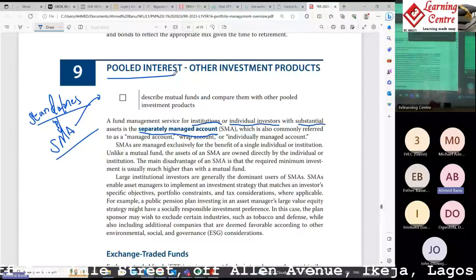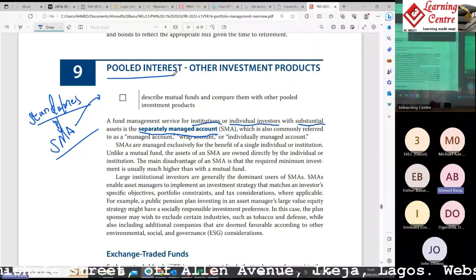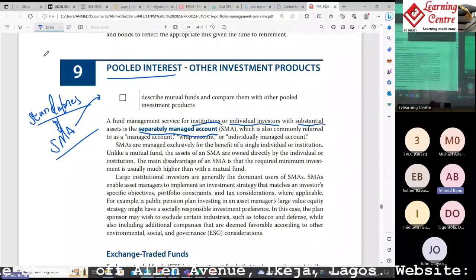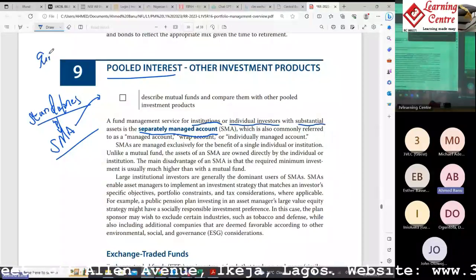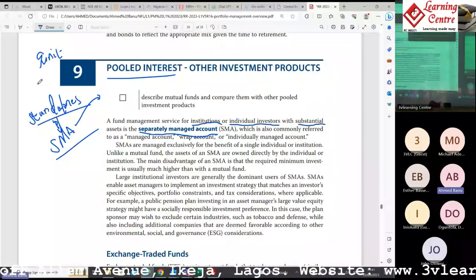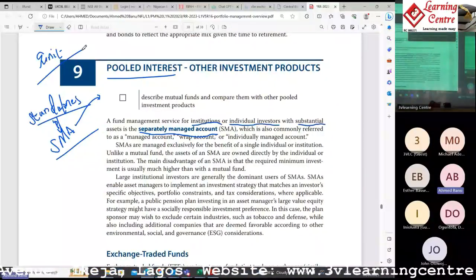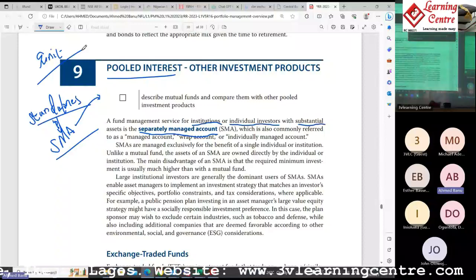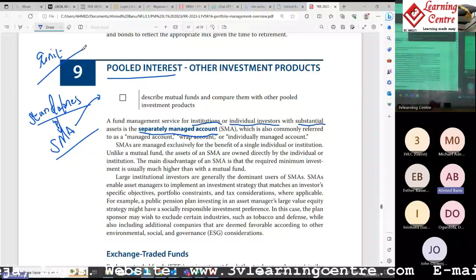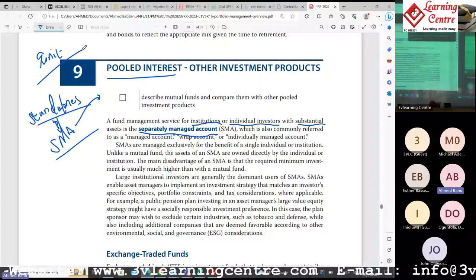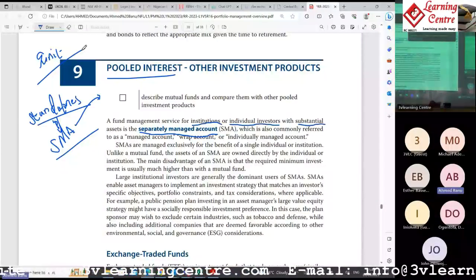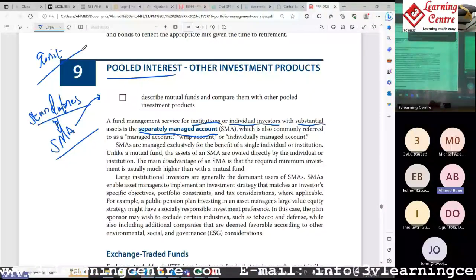Because if I put you in a mutual fund, then you become a significant unit holder, and based on your investment decisions, you can distort the performance and activities of my mutual fund. So rather than putting you in a pooled investment scheme, I will put you in a standalone portfolio or a separately managed account.